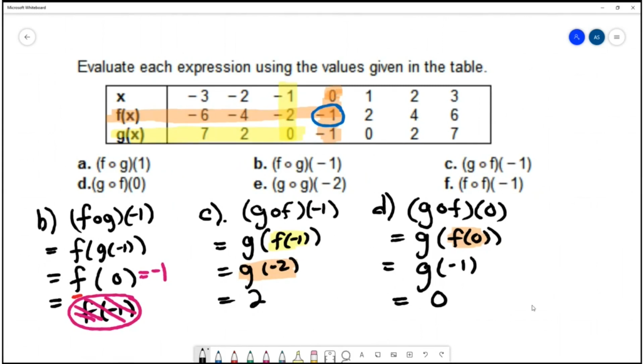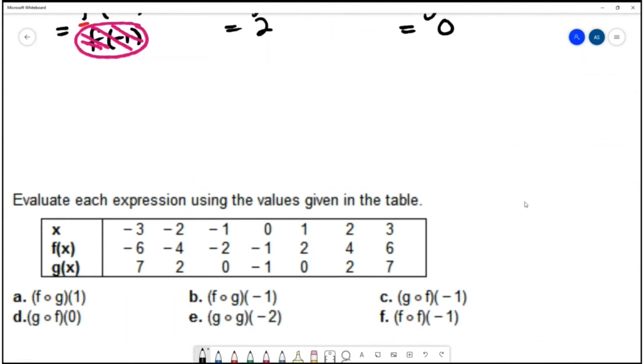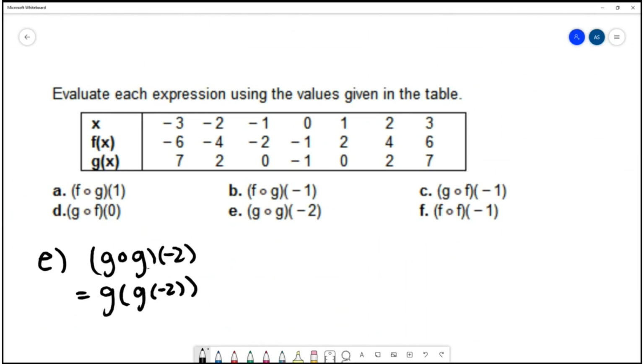Here we have a couple more. Part E, g composed with g of negative 2. This is g of g of negative 2.